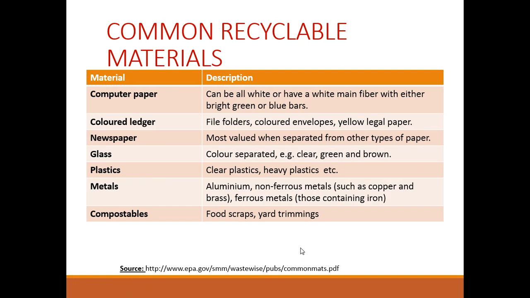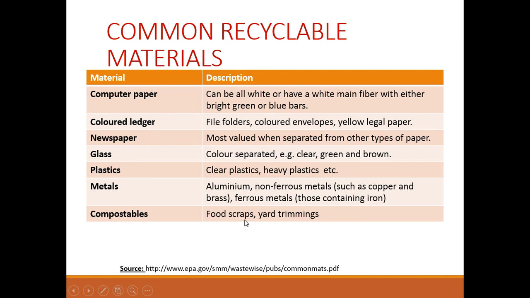Here we have a collection of some of the common recyclable materials. For example, we have computer paper, colored ledger paper, which would be such as file folders, envelopes, etc. Newspaper, glass, plastics, metals.